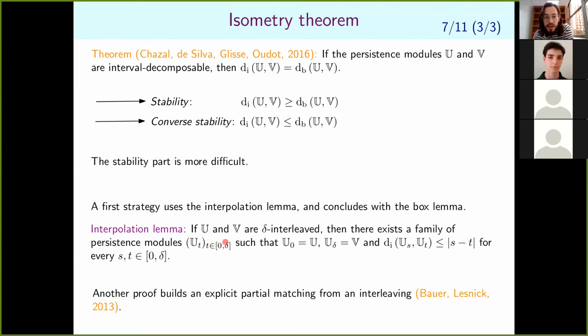It says that if I have two persistence modules that are epsilon delta interleaved, I can build a family of persistence modules indexed by t between 0 and delta, where the first one, u0, is u, the last one, u delta, is v, and for every s and t in 0 delta, the interleaving distance between us and ut is lower than t minus s. So this is an interpolation between two persistence modules.